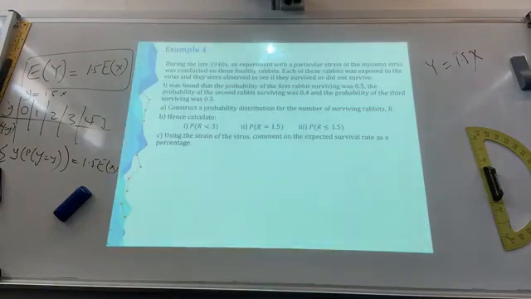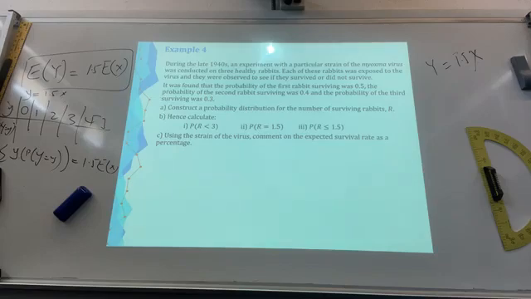All right. Last example. During the late 1940s, an experiment with a particular strain of the myxoma virus was conducted on 3 healthy rabbits. Each of these rabbits was exposed to the virus, and they were observed to see if they survived or did not survive.